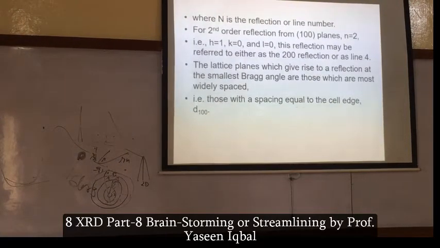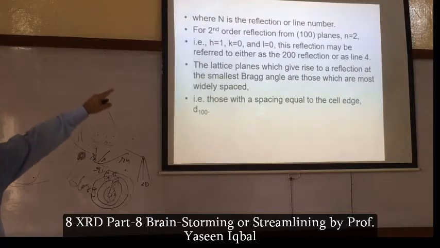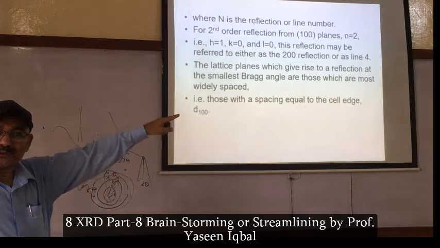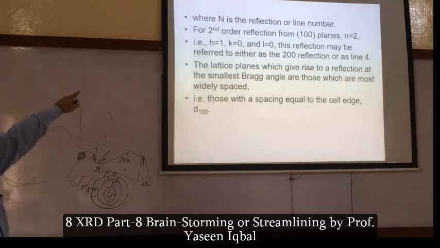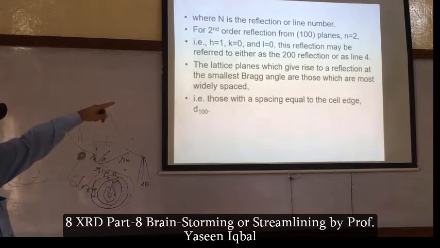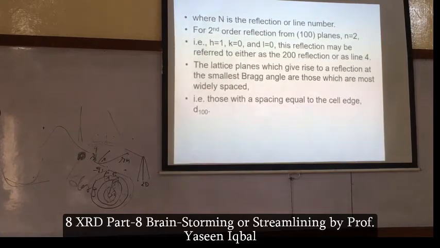For second order, from 100 planes, n is equal to 2. Right? That is H1, K0 and L0. This reflection may be referred to either as the 200 reflection or as line 4.